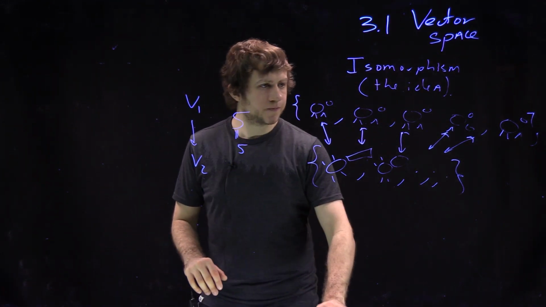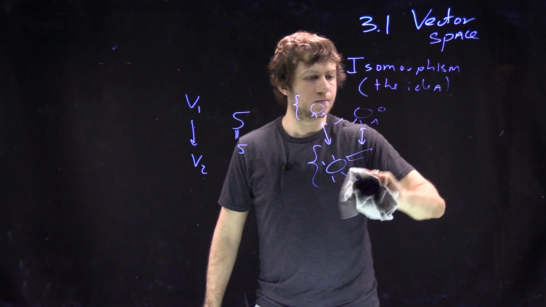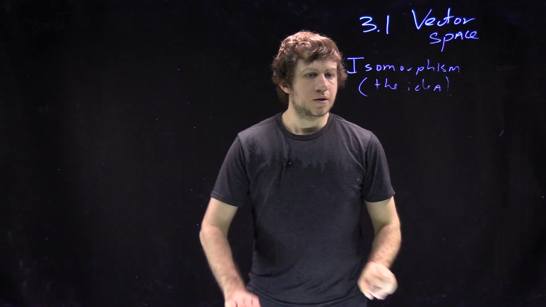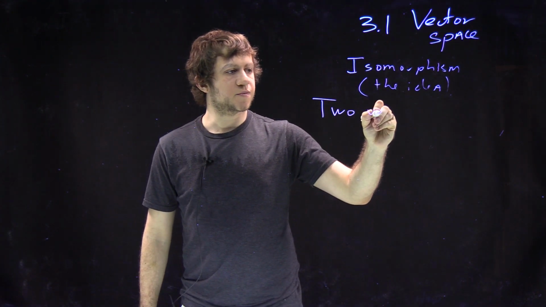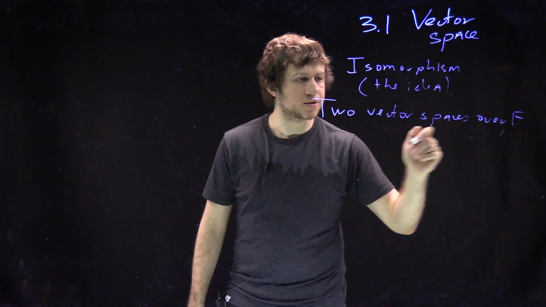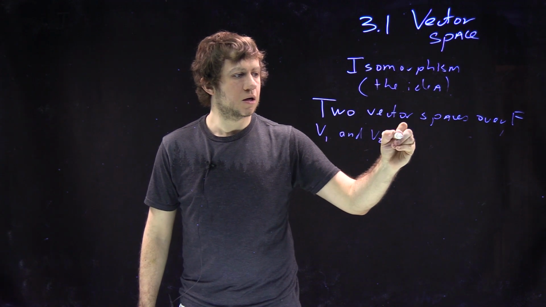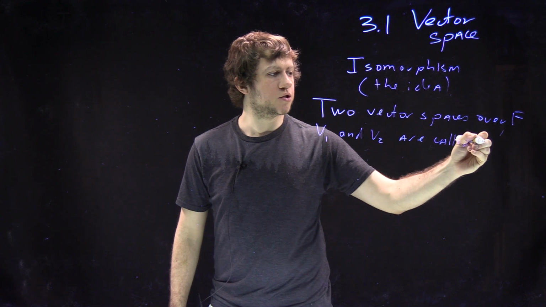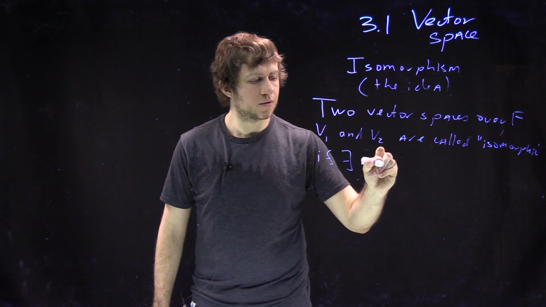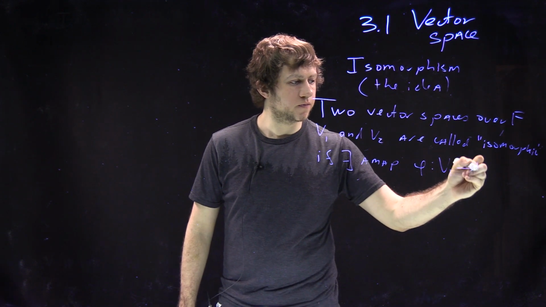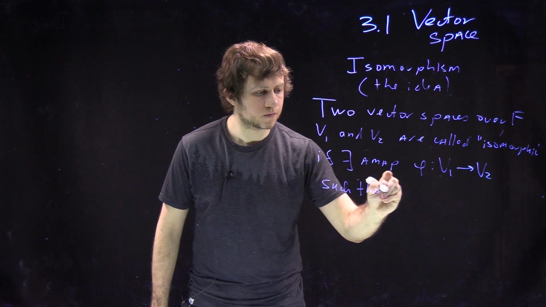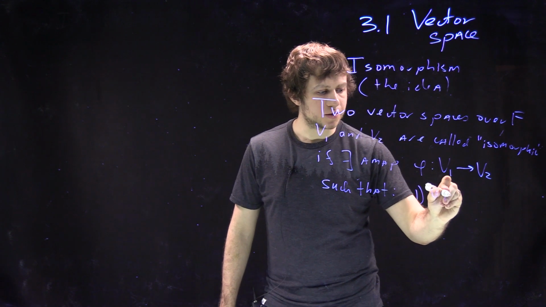So let me write down the definition now. Two vector spaces over F, and it's very important that they are over the same field, V1 and V2, are called isomorphic if there exists a map phi from V1 to V2, sending vectors in V1 to vectors in V2, such that, firstly, phi is a bijection.